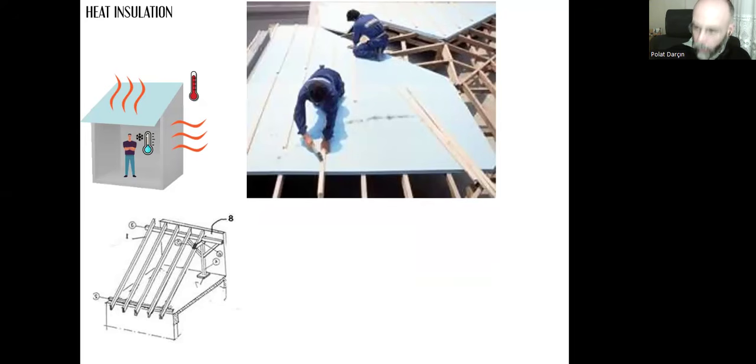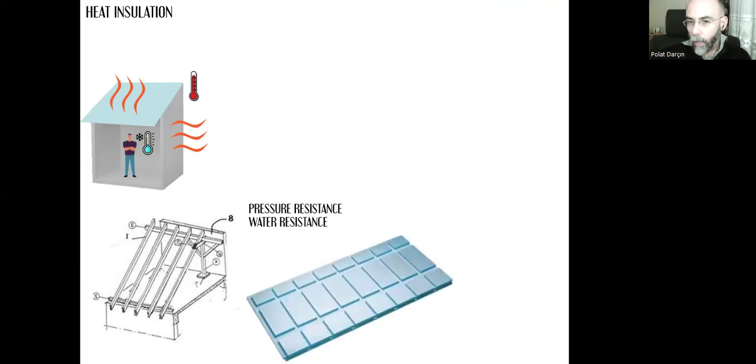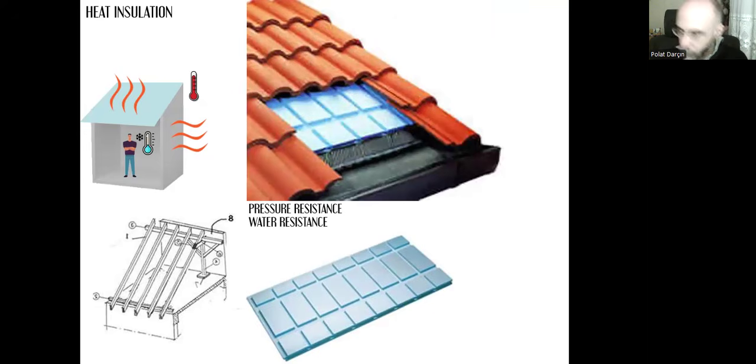These are thick, their pressure resistance is high, and if they are enhanced in terms of fire resistance, then we can cover the upper surface of rafters with these heat insulation boards, which can be made out of EPS or XPS. These are also water resistant, so there won't be a problem with the water. And we can apply the roof finish directly over these heat insulation boards.